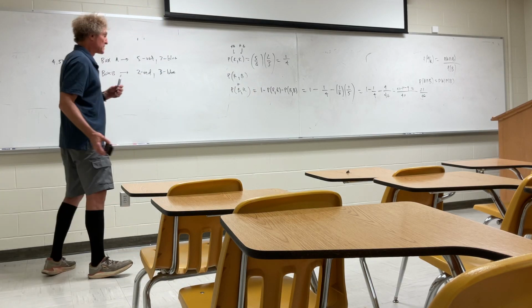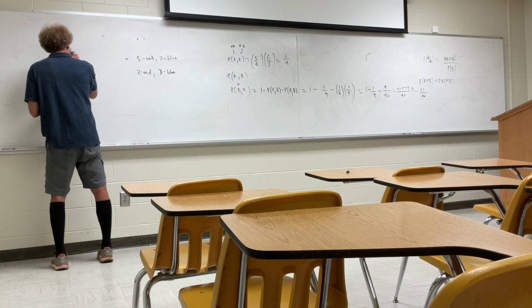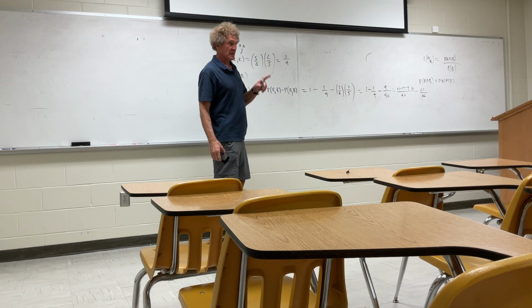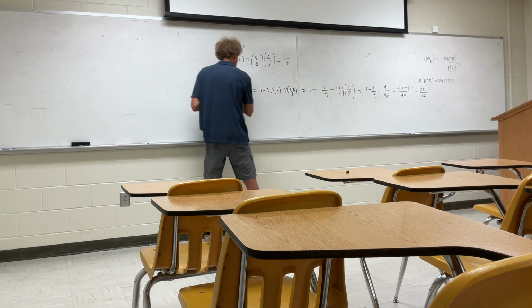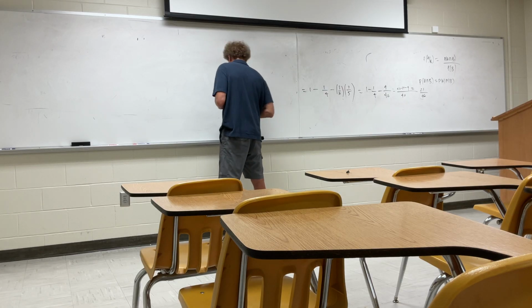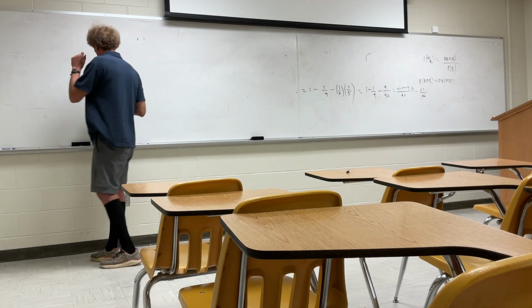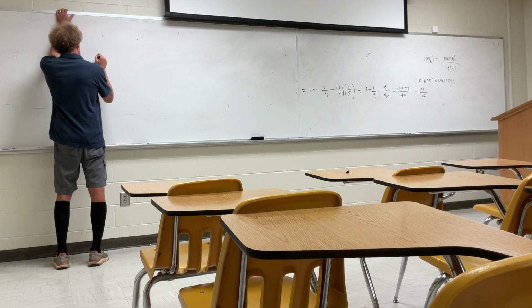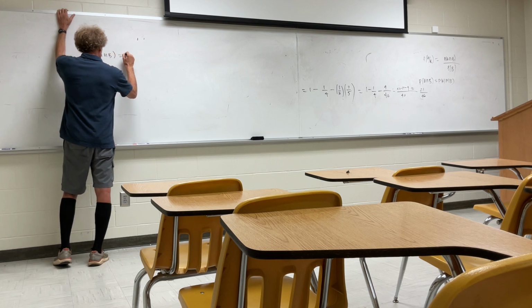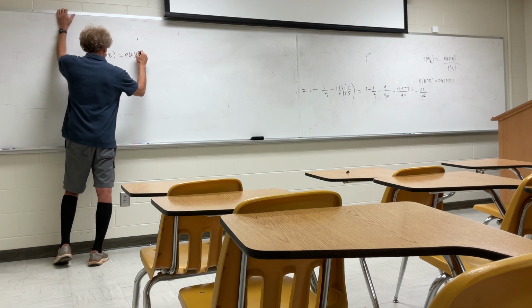So I didn't even get into this, but I said if they're independent, then something happened fundamentally. If you talk about independence, the probability of A intersect B is just equal to the probability of A times the probability of B, right?